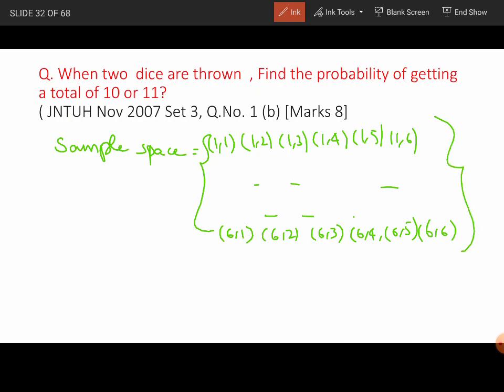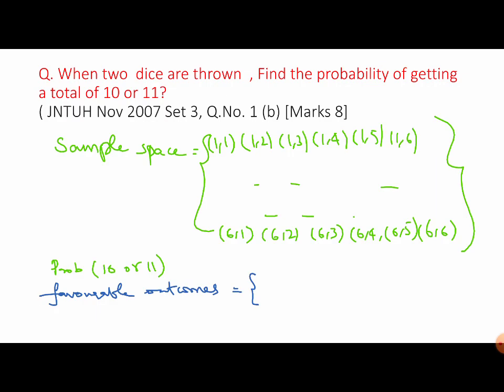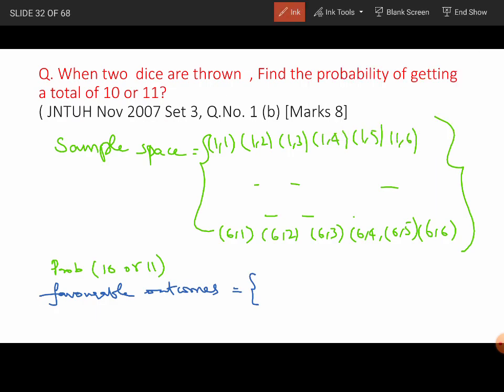Now the probability of getting 10 or 11. What are the favorable outcomes? Favorable outcomes may be 4, 6, which gives 10.